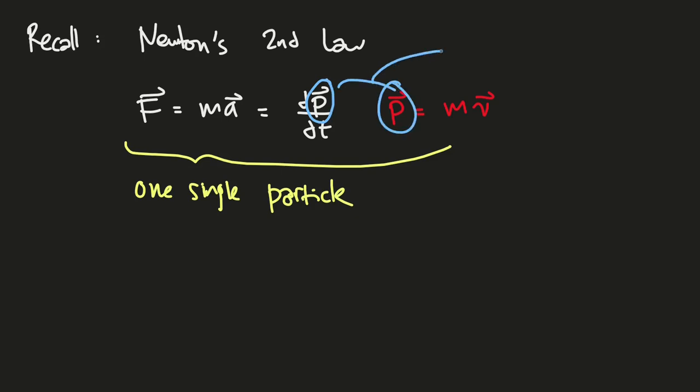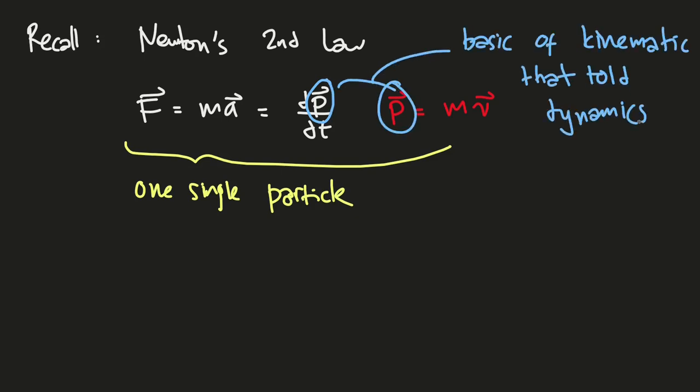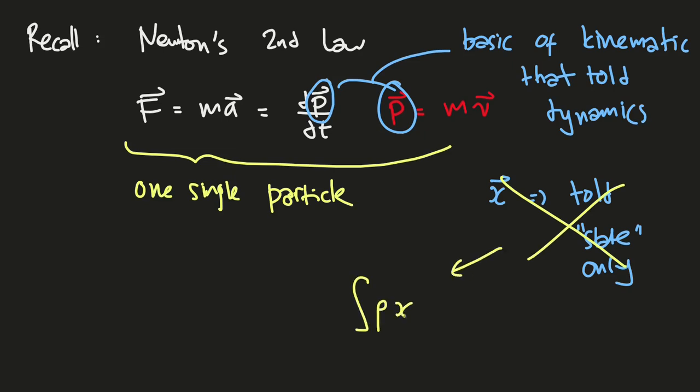P is another definition because it's the basis of kinematics that bridges kinematics and dynamics. That's why here we won't use X as a position, which tells us only about its position in our system. And we are not using X explicitly because in a continuum system, there is a mass-moment definition as this, that is characterized mostly in rigid bodies.